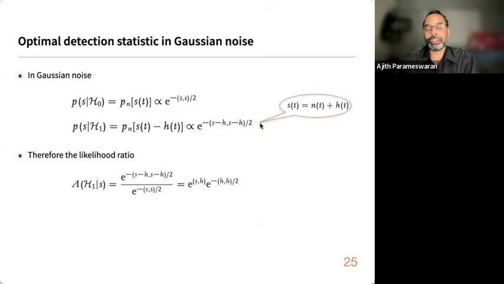So we have written down the likelihood of H0 and the likelihood of H1.